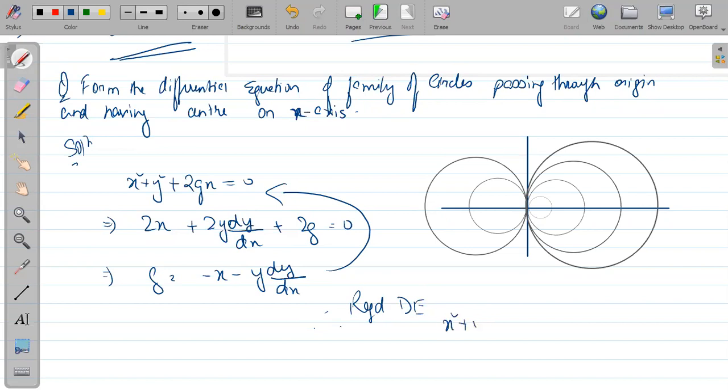So x square plus y square, plus 2, or better I should write minus 2, x plus y dy by dx into x. How simple. Is it clear or not? x plus y. Sorry.